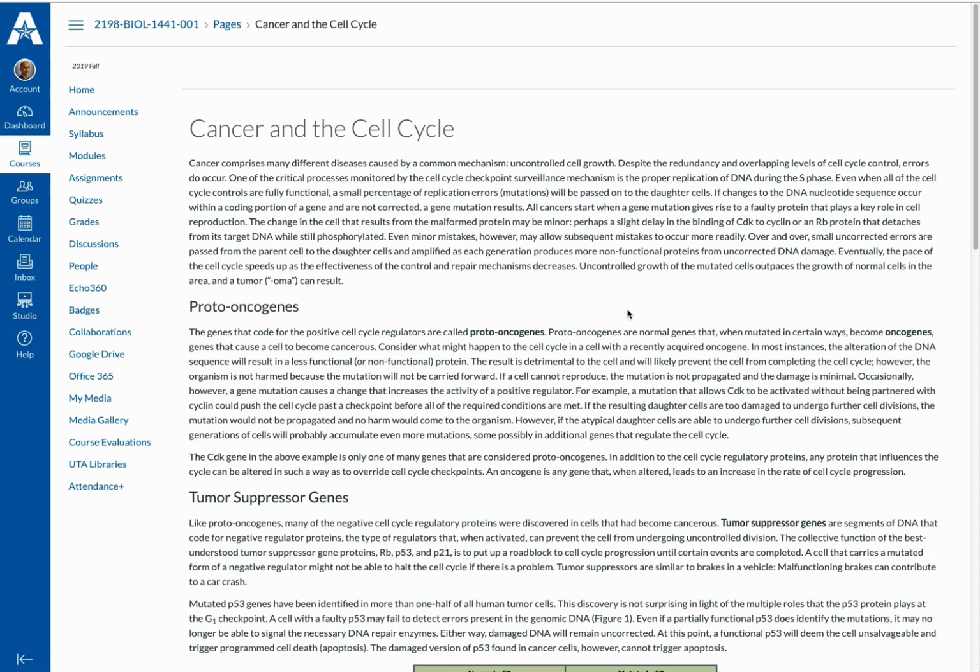So this is essentially what causes cancer, is when these checkpoints are not adhered to, and cells go berserk and just start dividing like crazy when they're not supposed to.